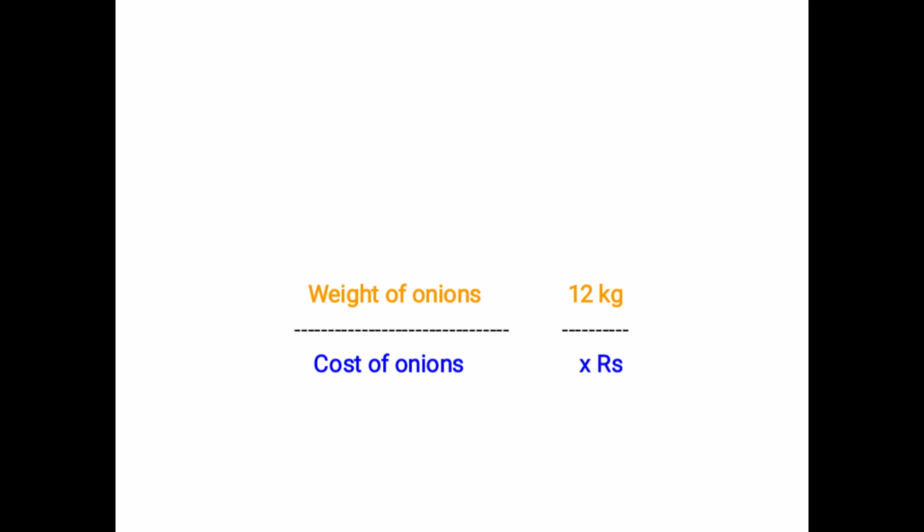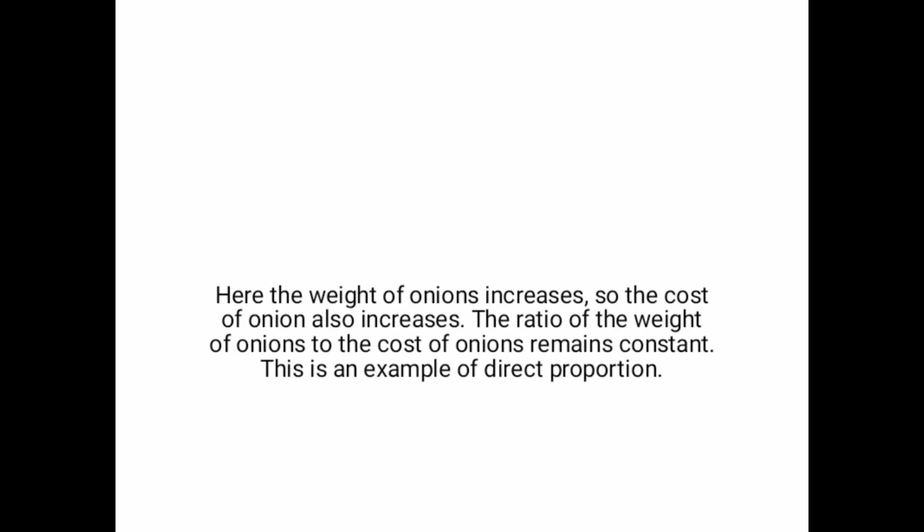So this is the second ratio of weight of onions to the cost of onions. Here the weight of onions increases, so the cost of onions also increases. The ratio of the weight of onions to the cost of onions remains constant. This is an example of direct proportion.